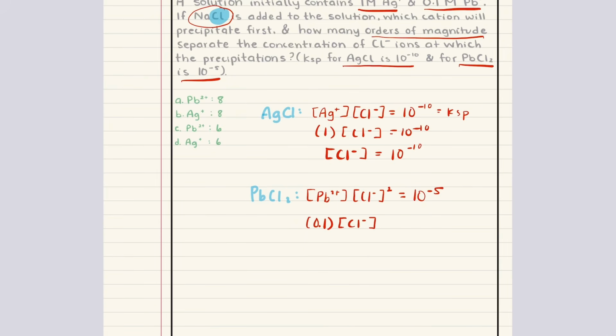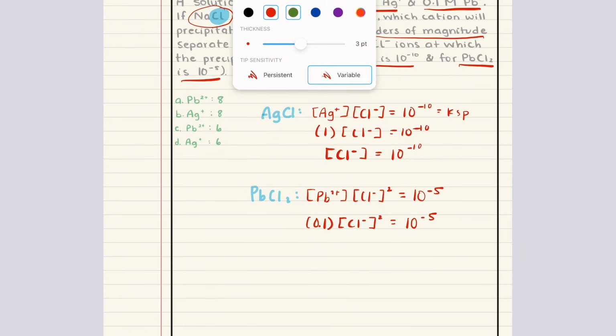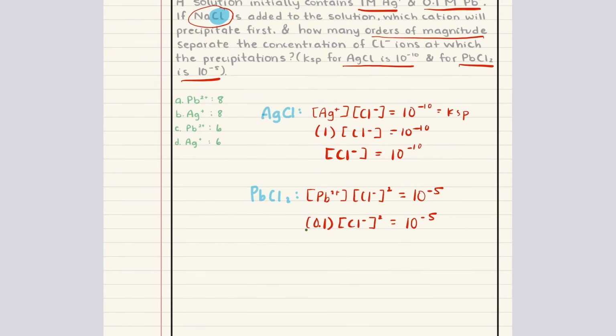That gives 10 to the negative 5 equals 0.1 times the chloride concentration squared. We're going to divide by 0.1 on both sides to get 10 to the negative 4 equals the chloride concentration squared. Then we take the square root and you get a threshold chloride of 10 to the negative 2 molar.